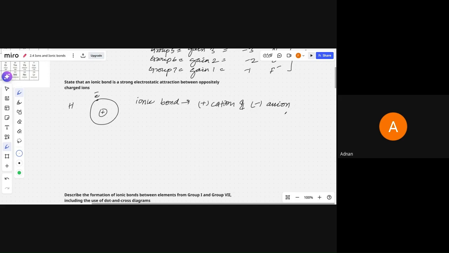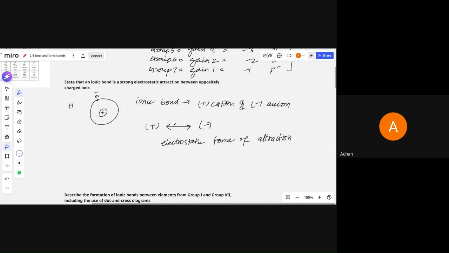They are oppositely charged particles, and this bond is a strong electrostatic attraction. The force that attracts them is called the electrostatic force of attraction, right?